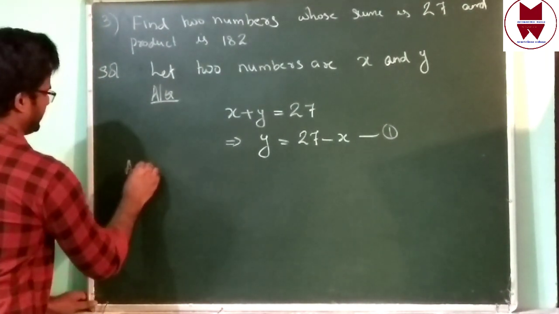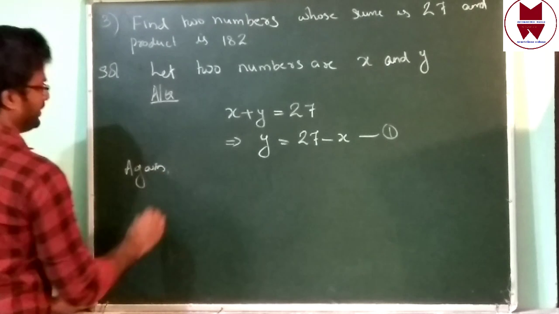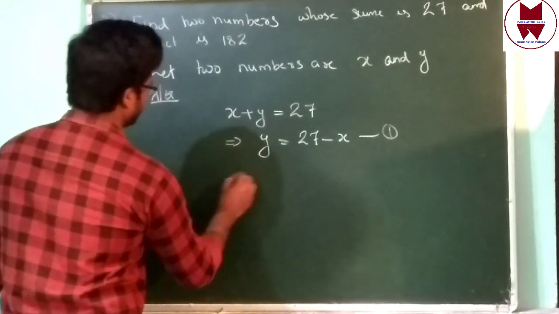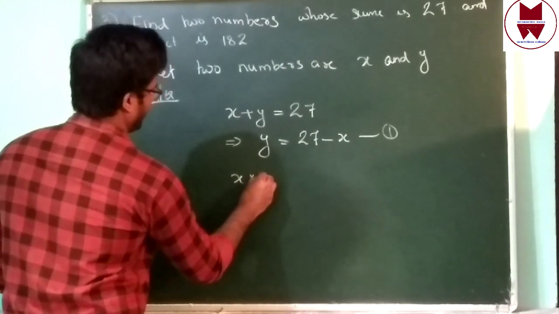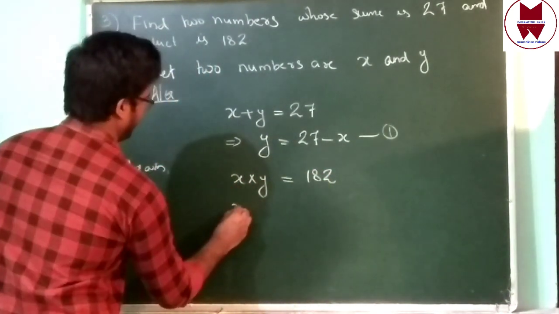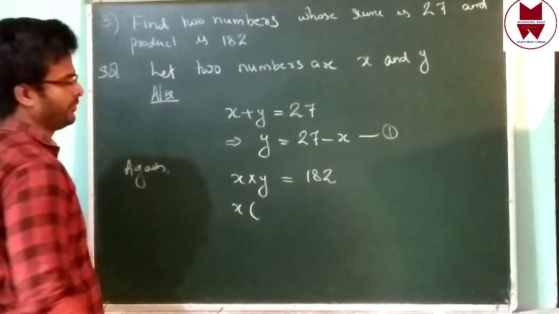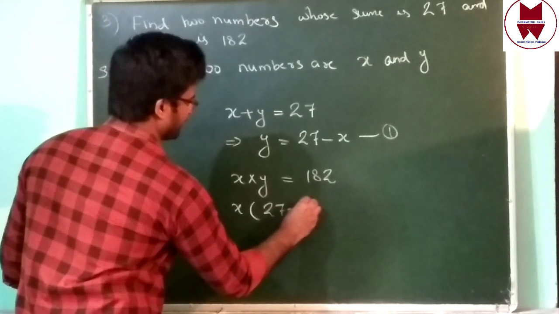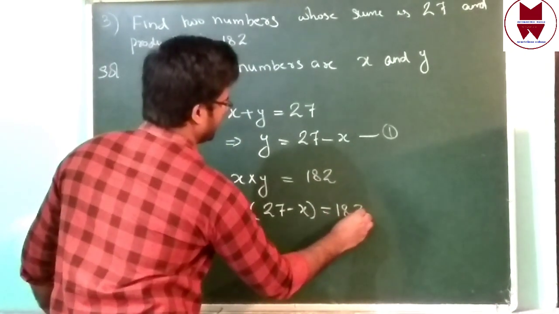Then second condition. What is the second condition? Product is 182. Product means x into y equal to 182. X into what is y? From equation number 1, y is 27 minus x, equal to 182.